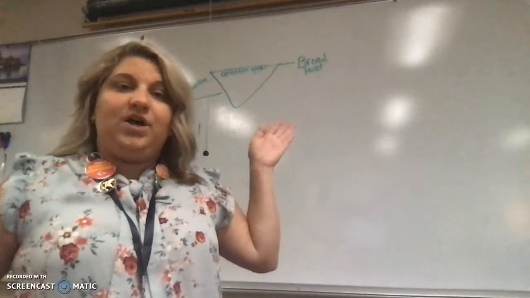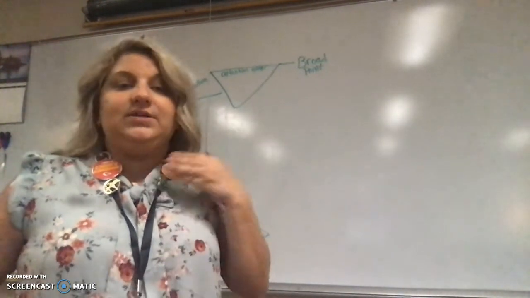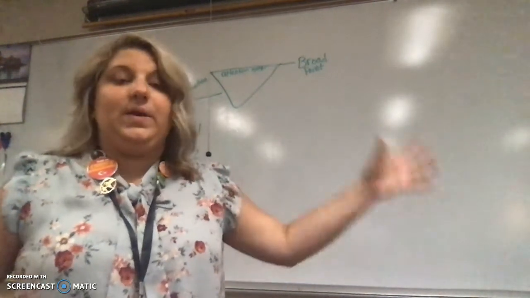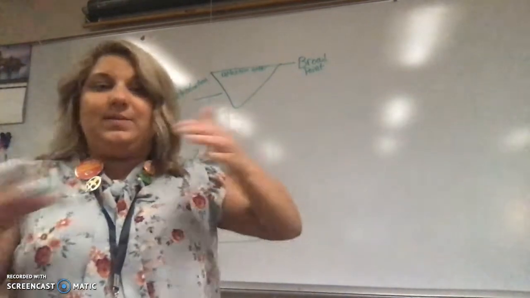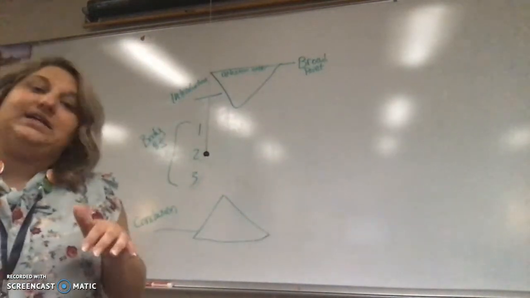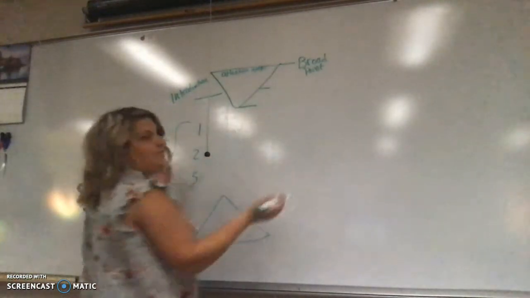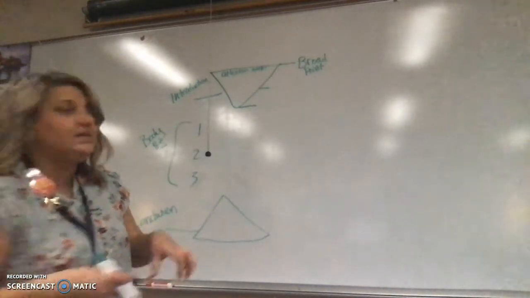Sometimes we call this an attention getter or a hook. I also like to just say a broad point. Just start broad, give a point that's going to introduce whatever it is that you're going to be talking about, and then you'll be able to narrow it down and get more specific as we go on. As you see, the triangle gets more narrow, and as we narrow down our ideas, we get more specific.